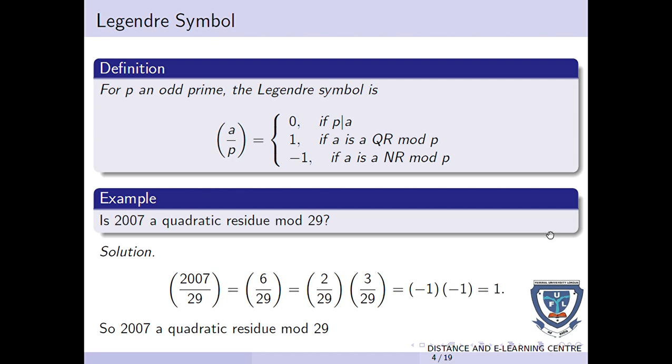Remember, 6 is an even number and can be broken down into two prime numbers, 2 and 3. Now, 2 over 29 is a non-quadratic residue, and that is why we represent it as minus 1. Then 3 over 29 is also a non-quadratic residue, and we represent it as minus 1. So minus 1 times minus 1 is 1. Therefore, 2007 is a quadratic residue modulo 29. That is how to answer the question.